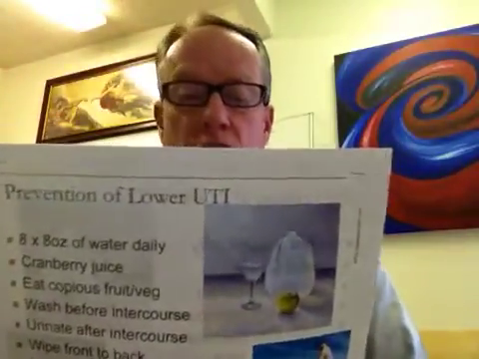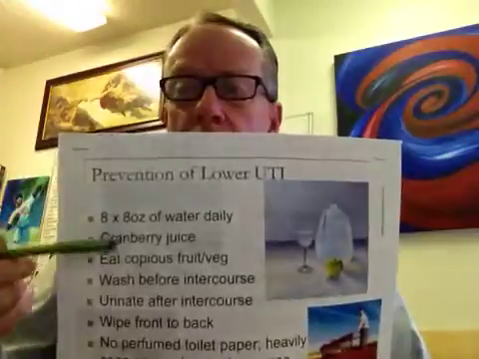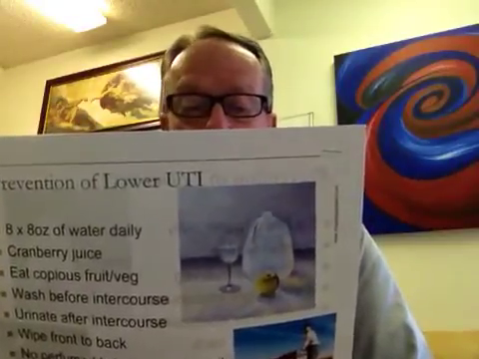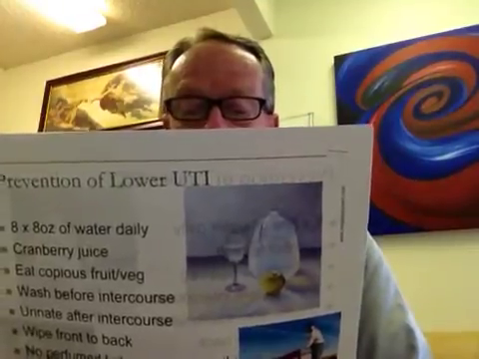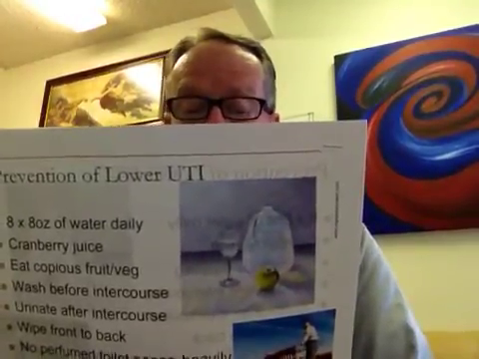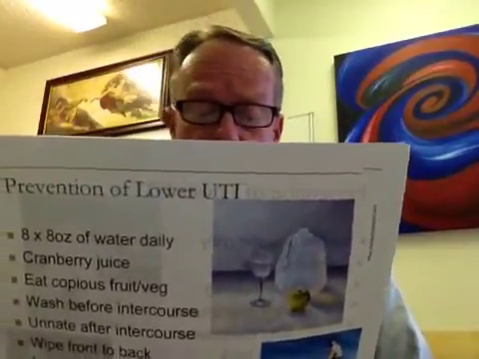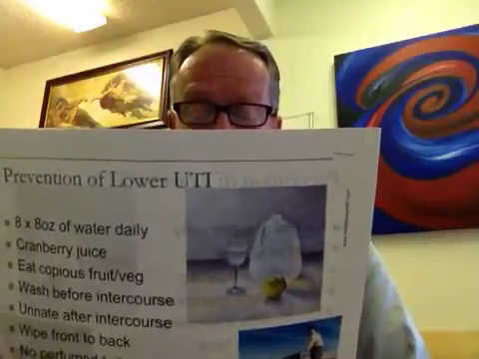Prevention of UTI includes copious ingestion of water. You see in the PowerPoint presentation the quantity of recommended intake per day. Cranberry juice, fruit and vegetables, washing before intercourse, urinating after intercourse, in females wiping after urinating from front to back, and avoiding treated materials, toilet papers or soaps or powders in the vagina.